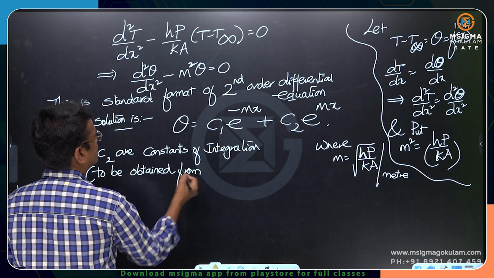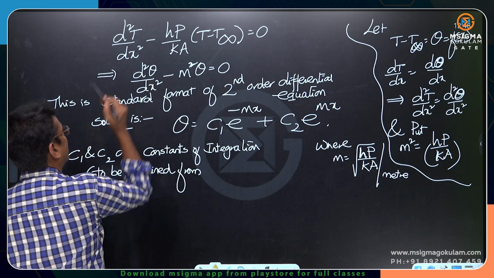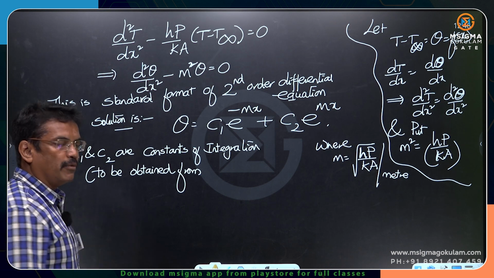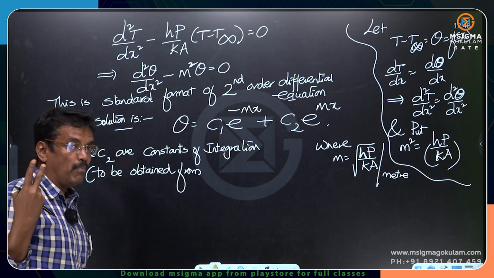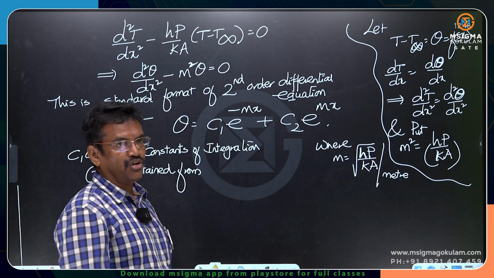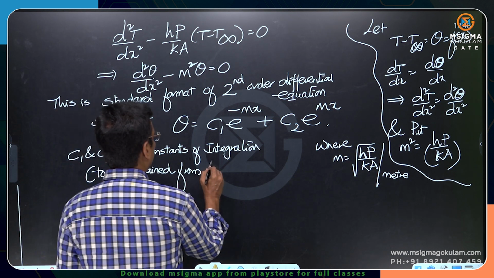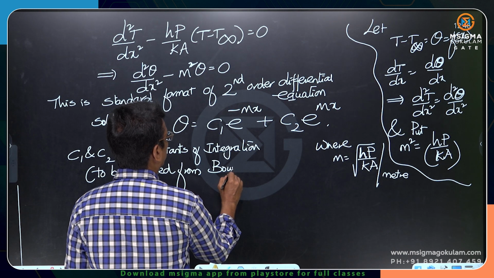Two boundary conditions, because there are two constants, as it is a second order differential equation. That means the solution will have two constants of integration. We require two boundary conditions to get those two constants of integration.